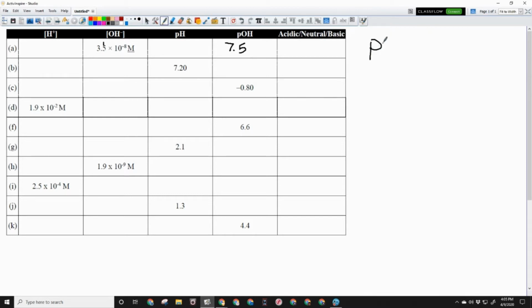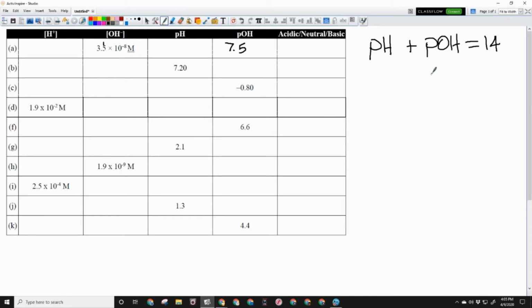All right, so now that I have pOH, I can calculate pH, because I know from my formulas pH plus pOH is equal to 14. You may be saying, well, how do I know that? These are the formulas I gave you on the notes video, and they're also at the top of your homework, there are 6 formulas there that you should have written down.